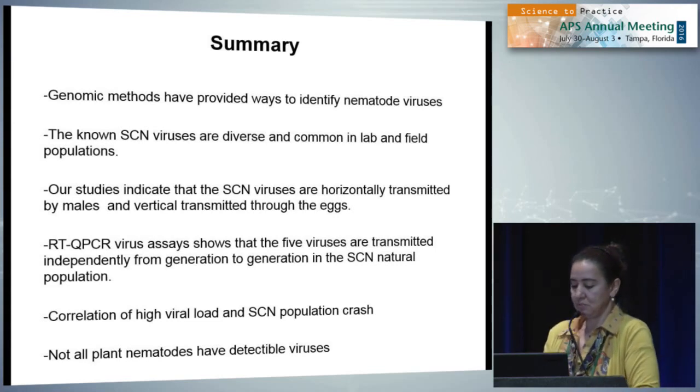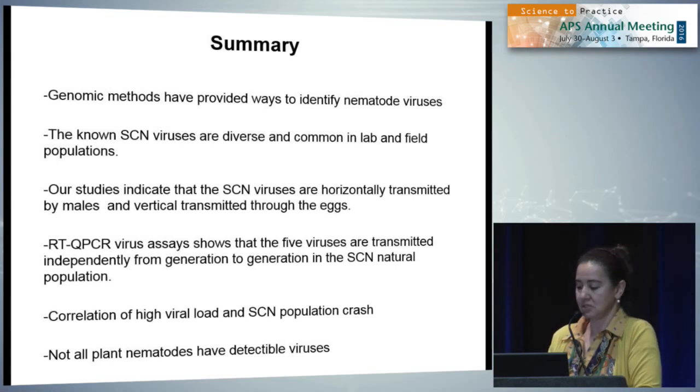The RT-qPCR virus assay shows that the 5 viruses are transmitted independently from generation to generation and seem to have a very negative impact on soybean cyst nematode, which suggests that they are very suppressive to the nematode.